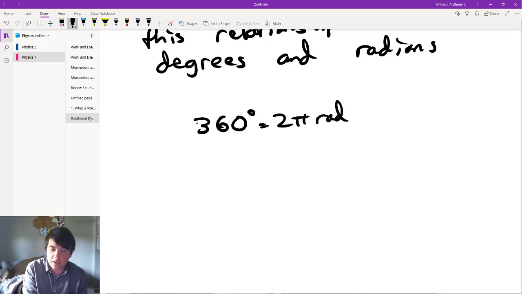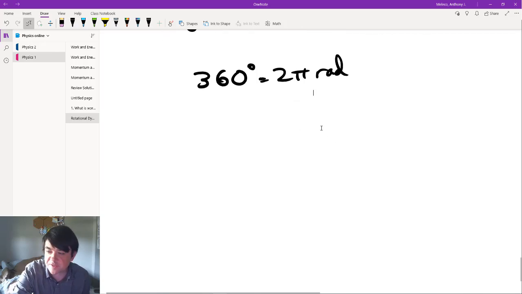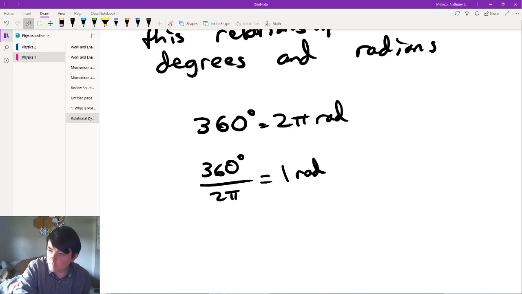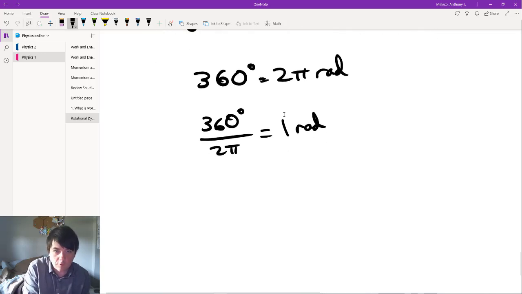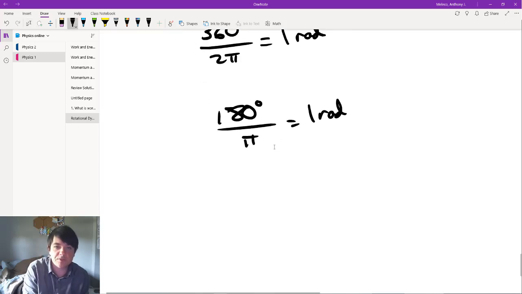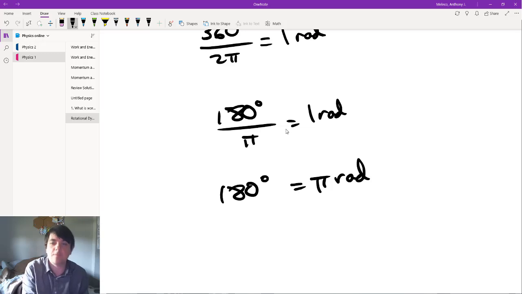And so you must be thinking here, well, I'll describe it in 1 second. I'm going to just divide this over, move this over real quick. 360 over 2 is 180 over pi equals 1 rad. Or you could multiply this over and get 180 degrees equals pi radians.